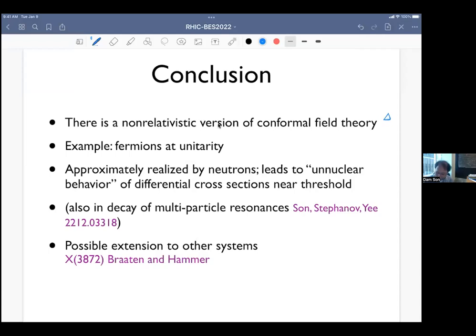This behavior also can be seen in the decay of multi-particle resonances with energy near threshold, resonances with very low energy. And there are also possible extensions to other systems like the X mesons in hadronic physics. So thank you very much for the attention.